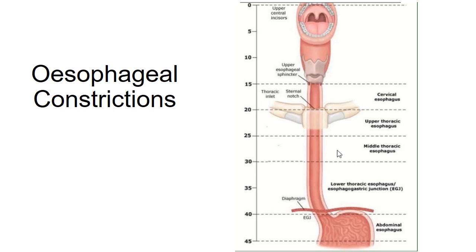The fourth constriction is at the point where it pierces the diaphragm, which is 37.5 centimeters from the incisor teeth, at about this level. The distance from the incisor teeth is very important in passing instruments like an endoscope into the esophagus.